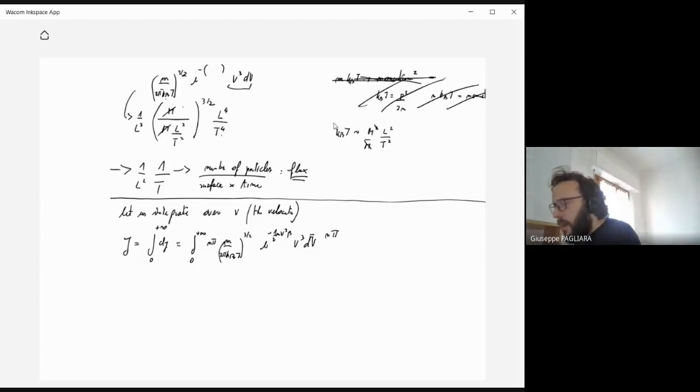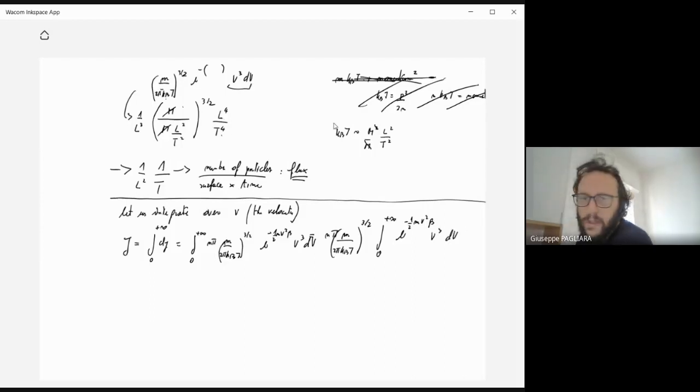So I have n pi, then I have m divided by 2 pi kBT to the power of 3/2. Then I have the integral from 0 to plus infinity of the exponential of minus v squared beta, v cubed dv. And now let me do the following trick. There is an equal missing here. I don't know why.